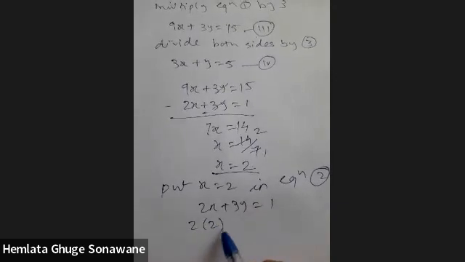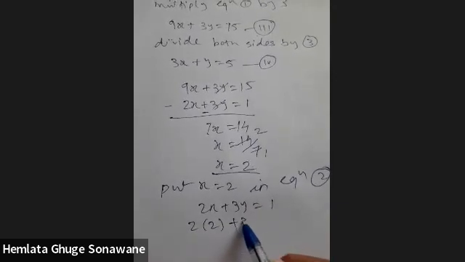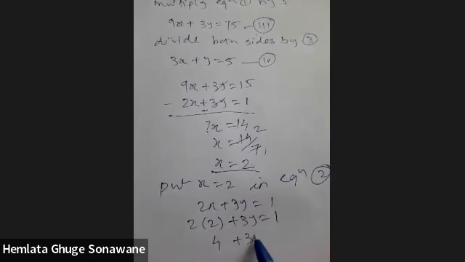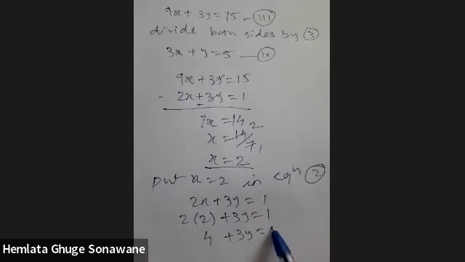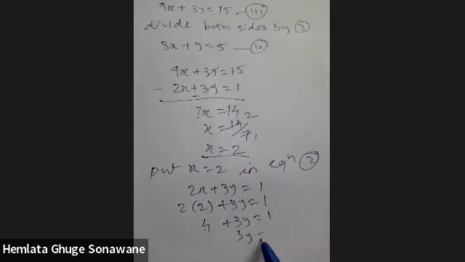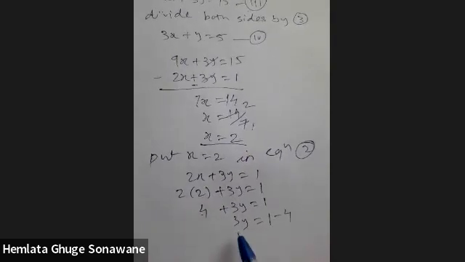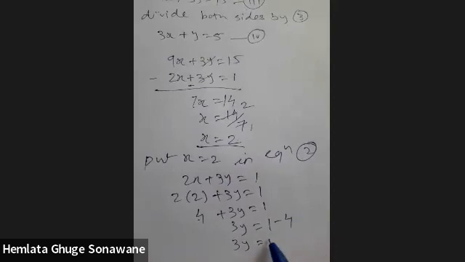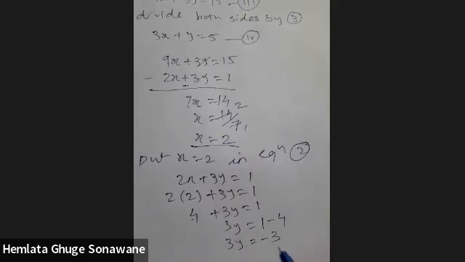That is, the value of x is 2, 2 twos are 4 plus 3y is equal to 1. This plus 4 becomes minus 4 here. 3y is equal to 1 minus 4, which is minus 3.